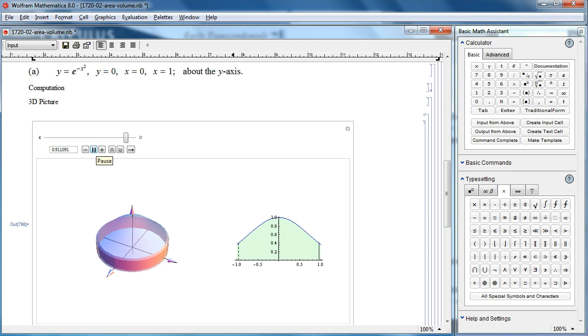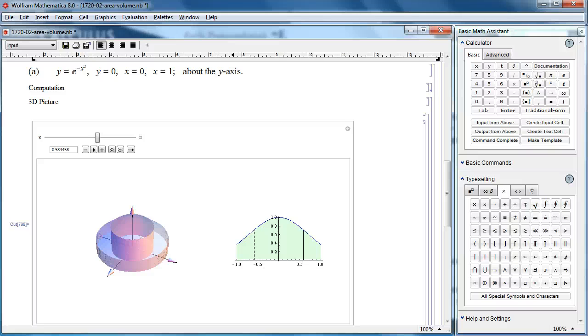On the right-hand side, the 2D picture is the region we have. As we change the x-coordinate value from 0 to 1 and take a line segment and rotate it around, you're going to get a cylindrical shell as you see in the left-hand side picture.